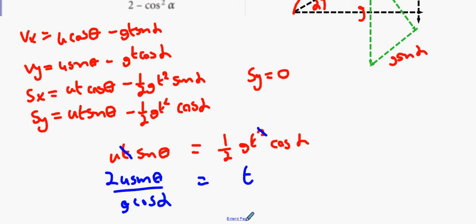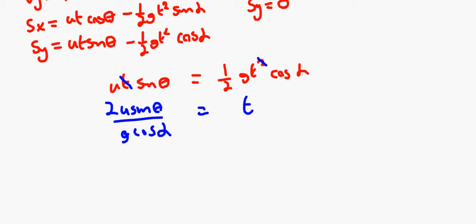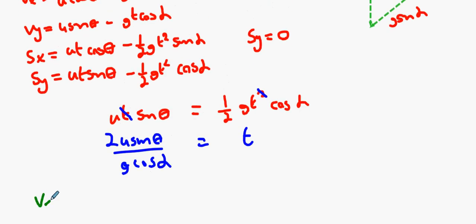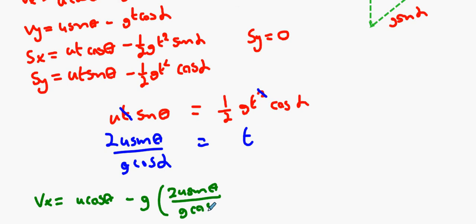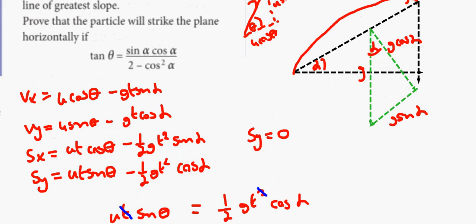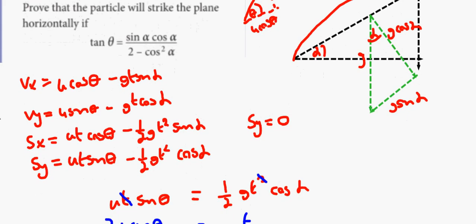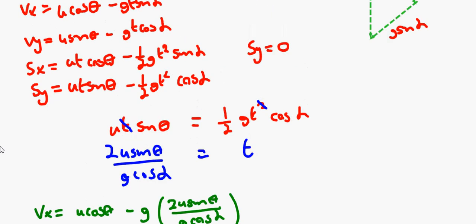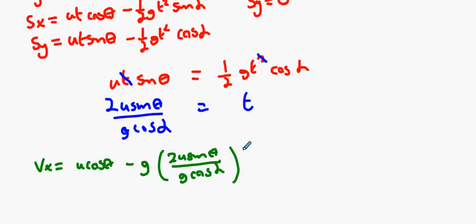So Vx is u cos theta minus g times t, g times t sine alpha.